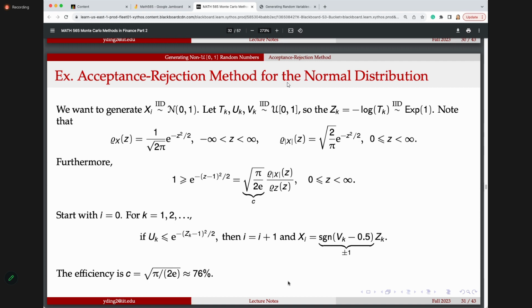And we can generate this exponential because if we just consider uniform, all we can do is use the inverse transformation to get the standard normal, but these two have different sample spaces. If we have exponential, the sample space is from 0 to infinity, not negative infinity to infinity.